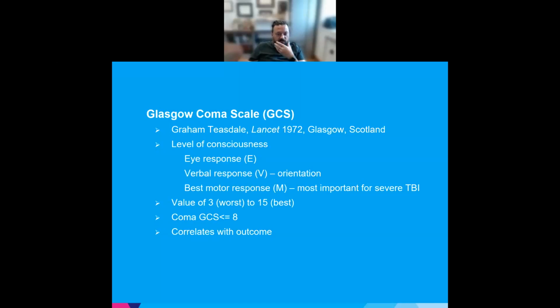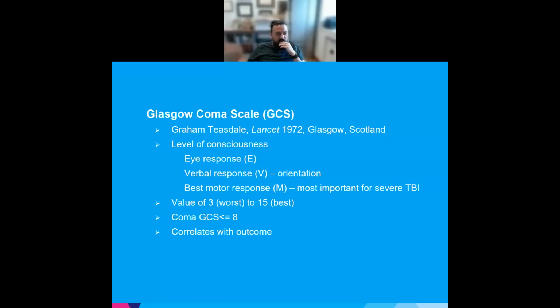I don't want to belabor this, but we should all know how to do a Glasgow Coma Scale. It really looks at level of consciousness. The main reason it was developed was to make a more objective scale rather than the typical descriptive scales of alert, lethargic, stuporous, obtunded, and coma.